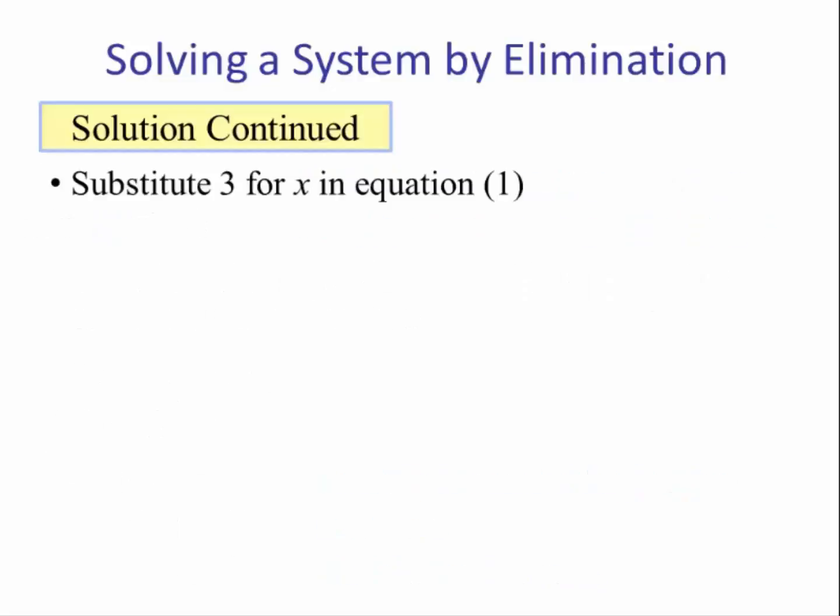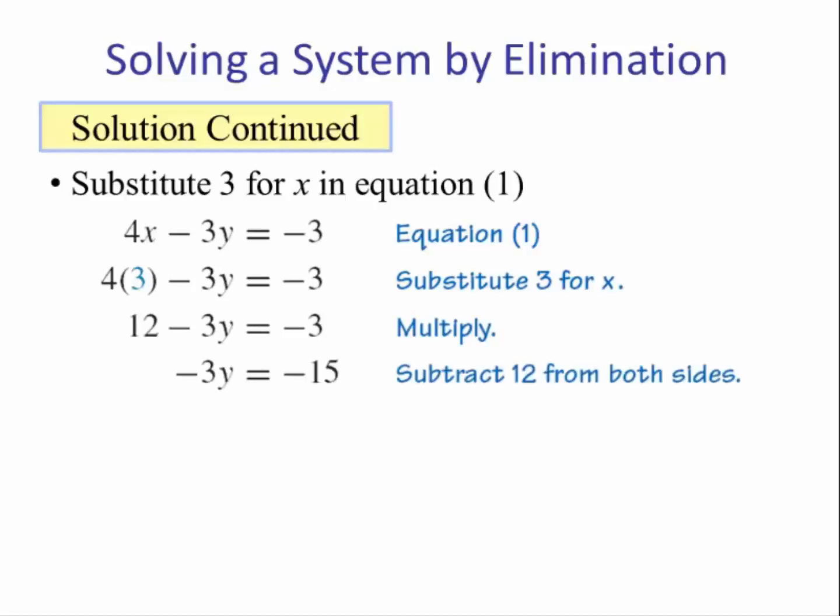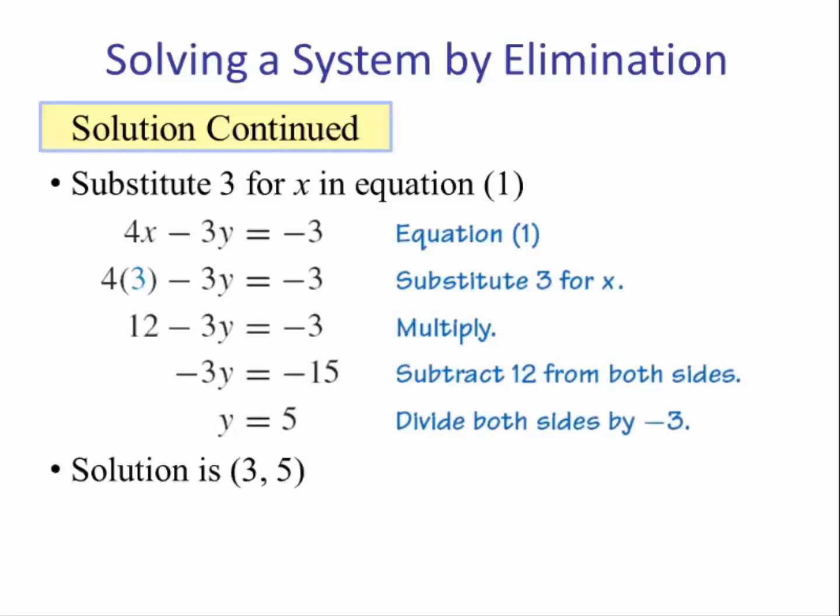We substitute 3 in for x in one of the equations. In this case, I'm using the first equation. We have 4 times 3 minus 3y equals negative 3. We subtract 12 from both sides and divide by negative 3, and we see that y is equal to 5. So the solution is (3, 5).